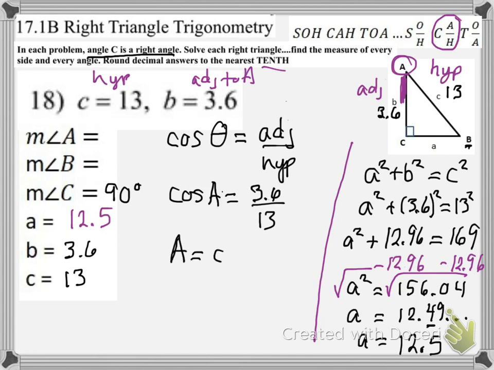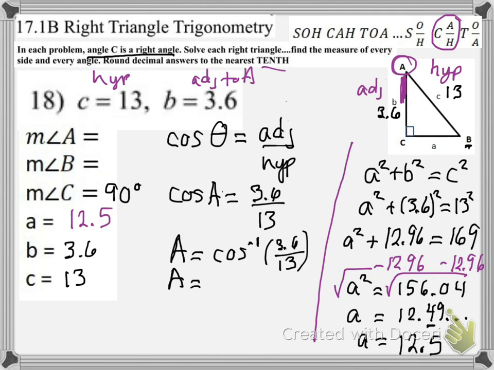A equals the inverse cosine, the little negative 1 shows inverse, of 3.6 over 13. Notice that I did not take my calculator, divide 3.6 by 13, and write down a rounded off answer. That is not what we're doing here. We're keeping it as accurate as we possibly can and putting it into our calculator that way.